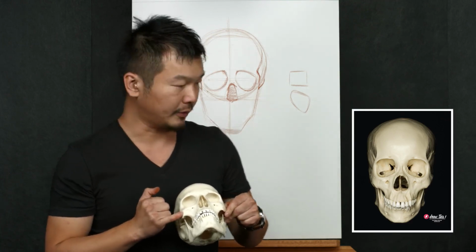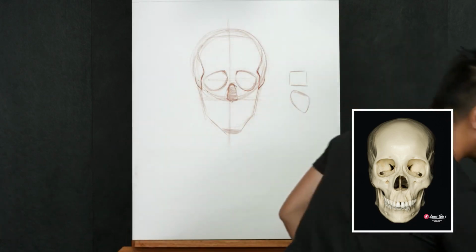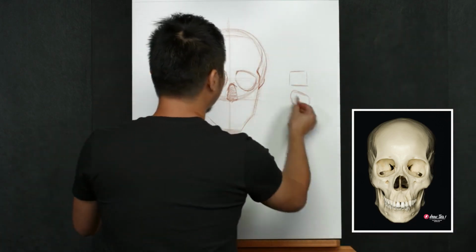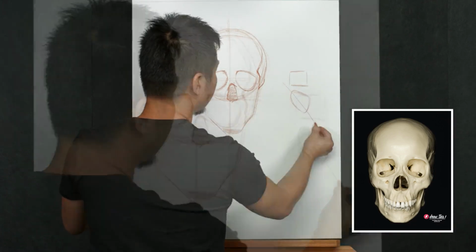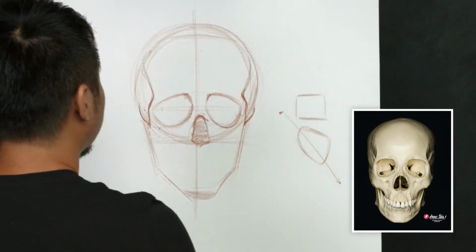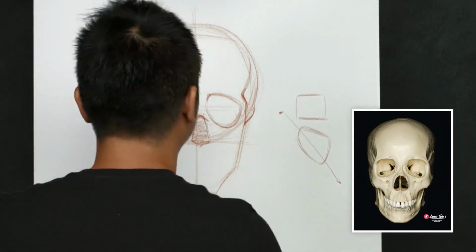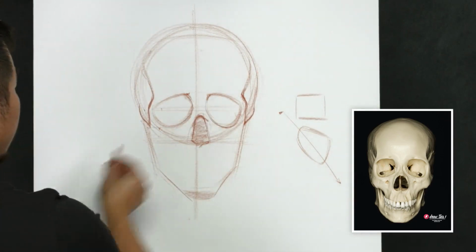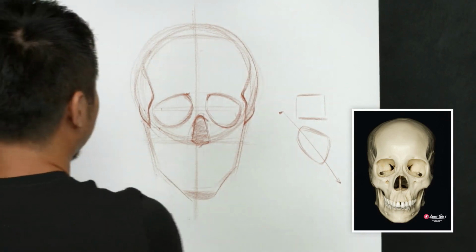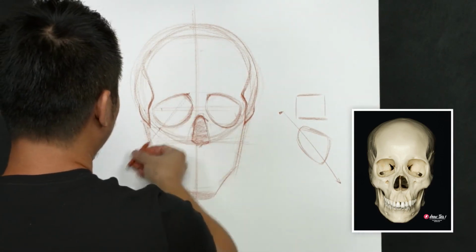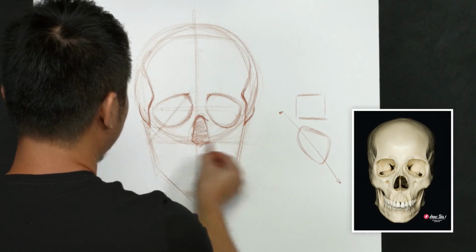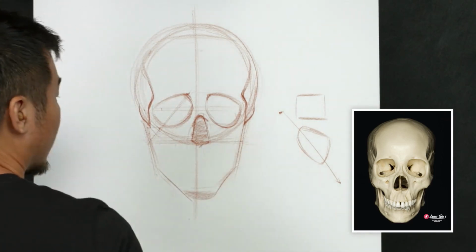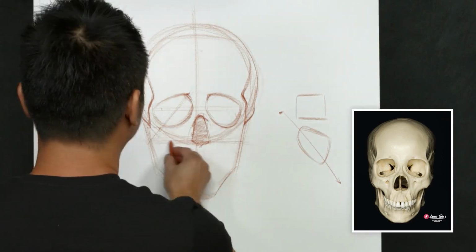That's why earlier I said when you draw the eye socket, make sure it has an axis to it, because that axis is going to help you find those corners. If we take this upper inner corner and connect it to the outer lower corner right here, where it touches that line on the base of the nose is going to be the corner of the cheekbone.